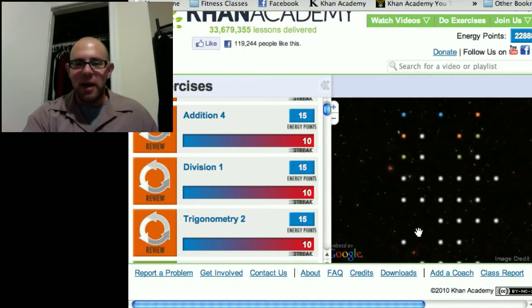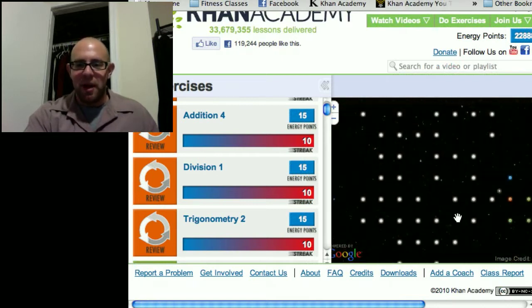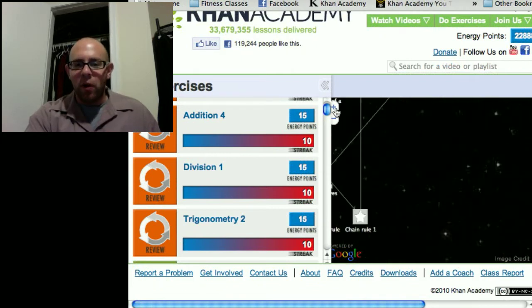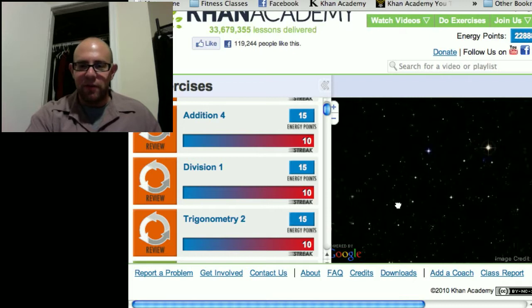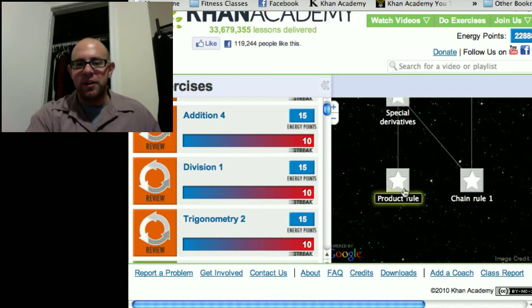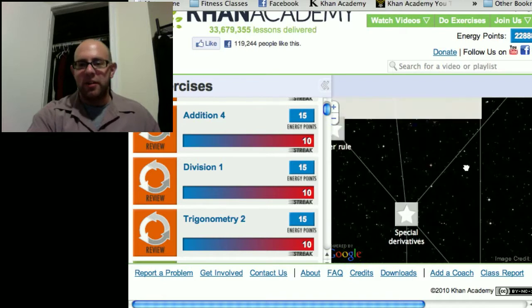And then you can zoom out and you can see this is their knowledge map that they've got on the site. They've got a whole bunch of different modules essentially, and you can take it all the way through. And this is chain rule and product rule, which are parts of calculus.